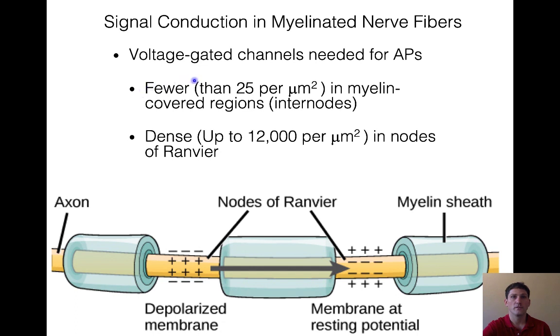And so what we can see is that in these myelin-covered regions, also called internodes, we have voltage-gated channels, but they're a lot less dense. Whereas if we look at our nodes, they are very dense, and you can see how much difference there is between the two regions.